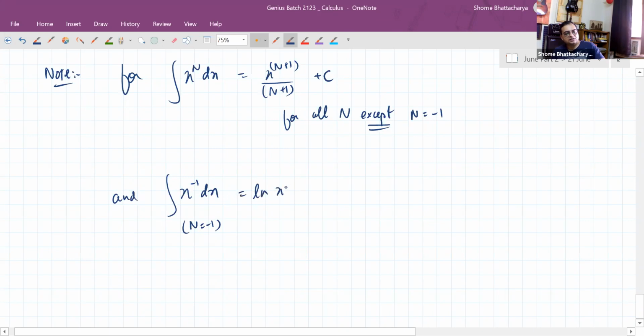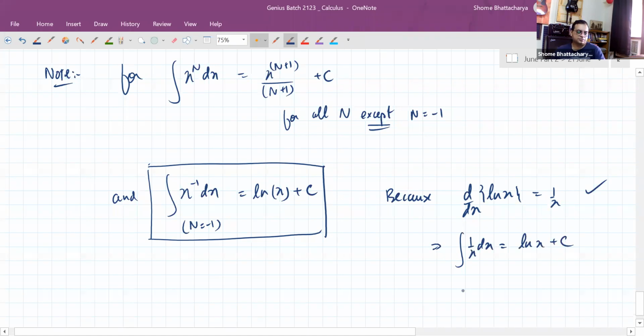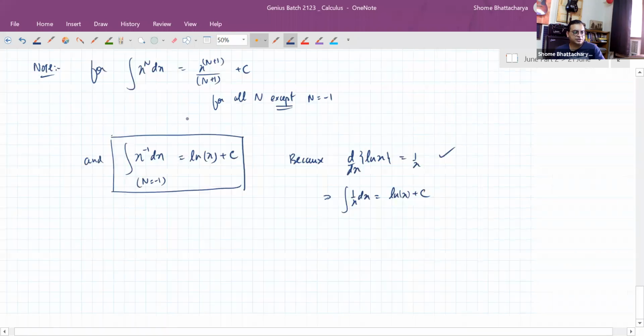This becomes ln x plus c. Because we know that differentiation of ln x is 1 by x. So integration of 1 by x is ln x plus c. So this is the exception to the above rule.